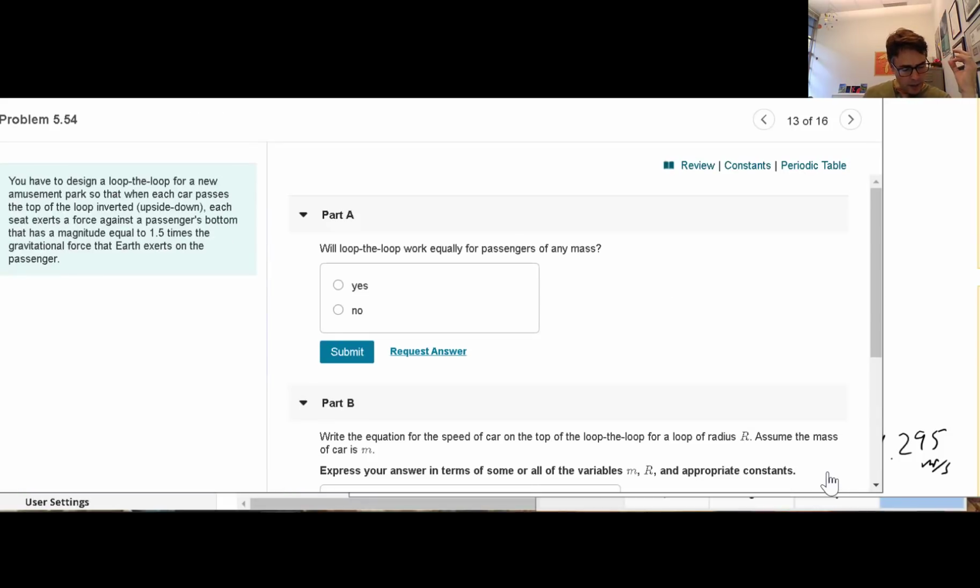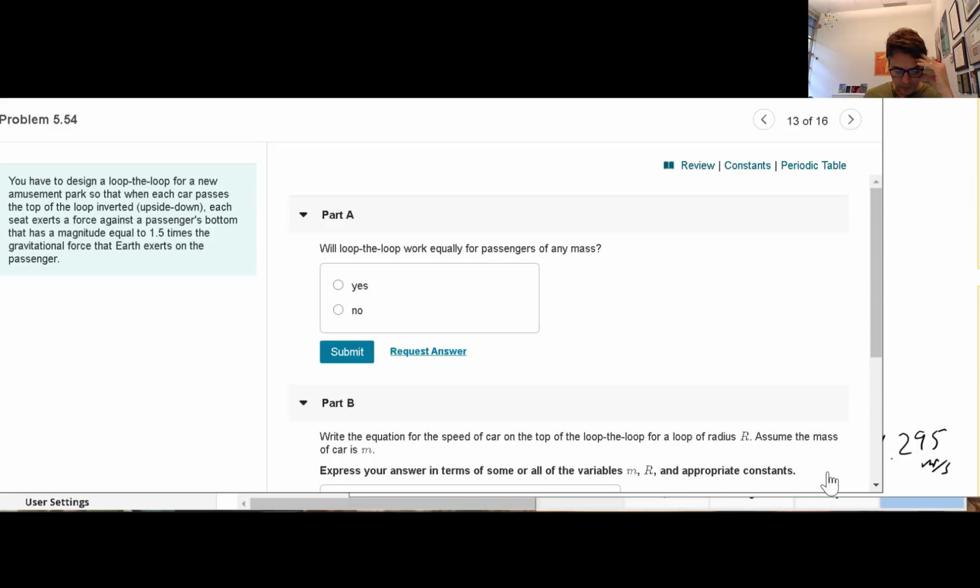Question 13. You have to design a loop-the-loop for a new amusement park so that when each car passes the top of the loop, inverted upside down, each seat exerts a force against the passenger's bottom that has a magnitude equal to 1.5 times the gravitational force that the Earth exerts on the passenger.